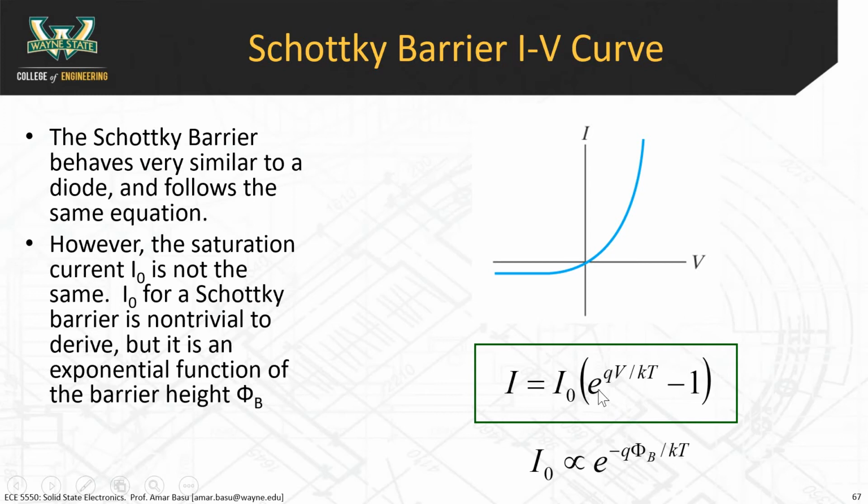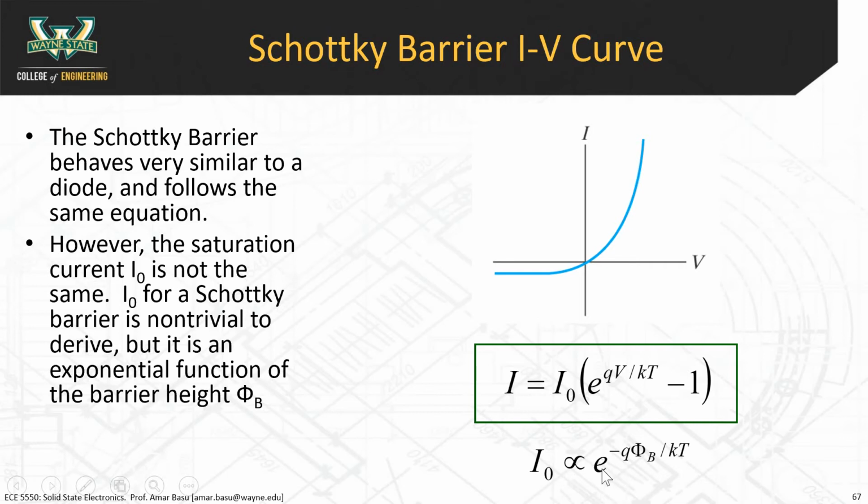The difference is how you calculate I0. If you recall, for a diode, the I0 depends on the diffusion lengths and the doping on the two sides of the junction, on the N side and the P side of the junction. In this case, you only have a semiconductor on one side of the junction. So the I0 actually turns out to be an equation that's related to the barrier height.